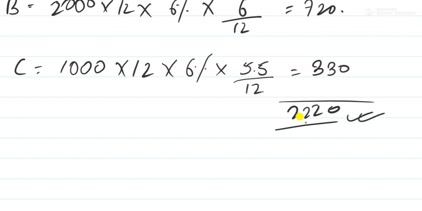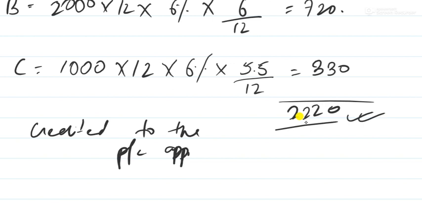Now this amount, where will it go? When we prepare the profit and loss appropriation account, this amount will be credited to the P&L Appropriation account. This was, I believe, very easy.